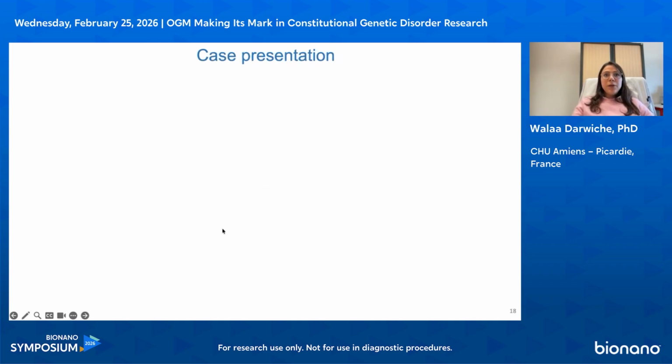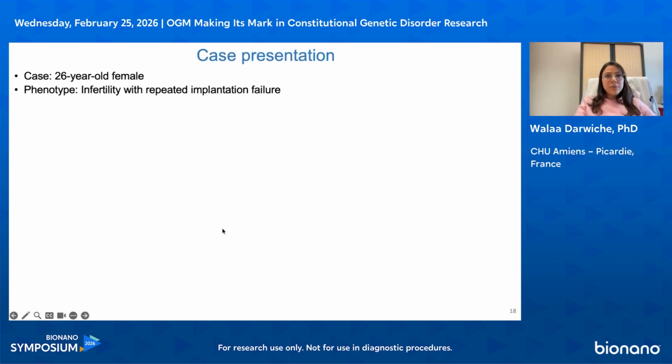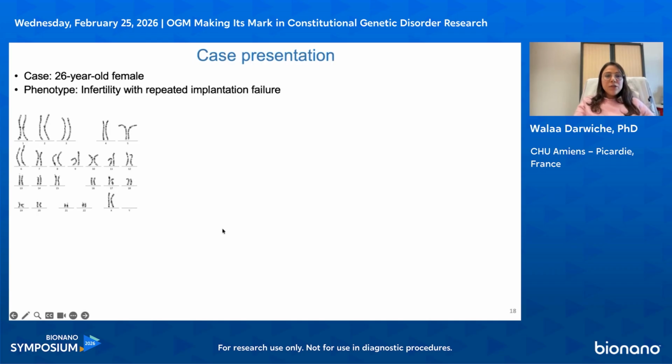I will now illustrate how optical genome mapping improves visualization of structural variants through several case examples. So the first case is a 26-year-old female with infertility and repeated implantation failure. Conventional G-banding analysis showed a seemingly normal karyotype.